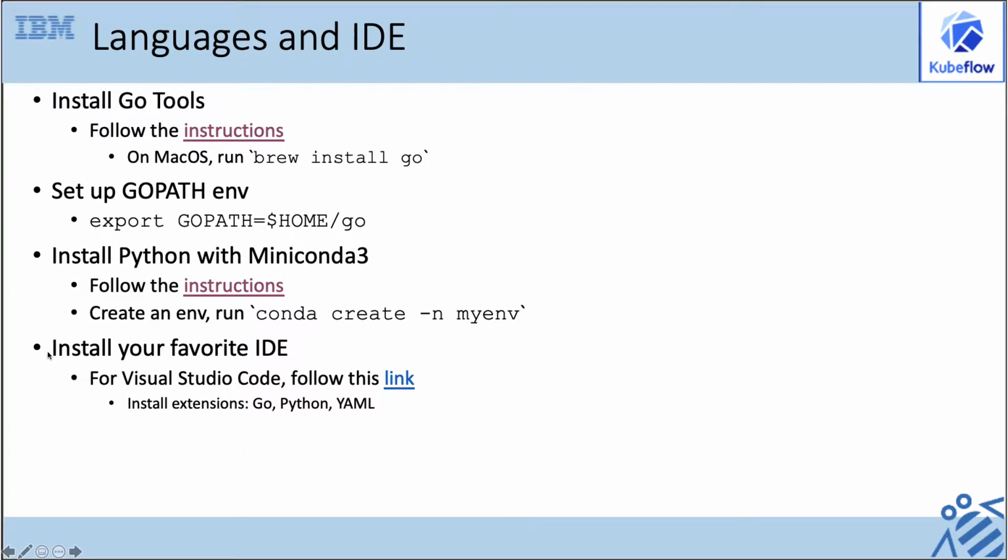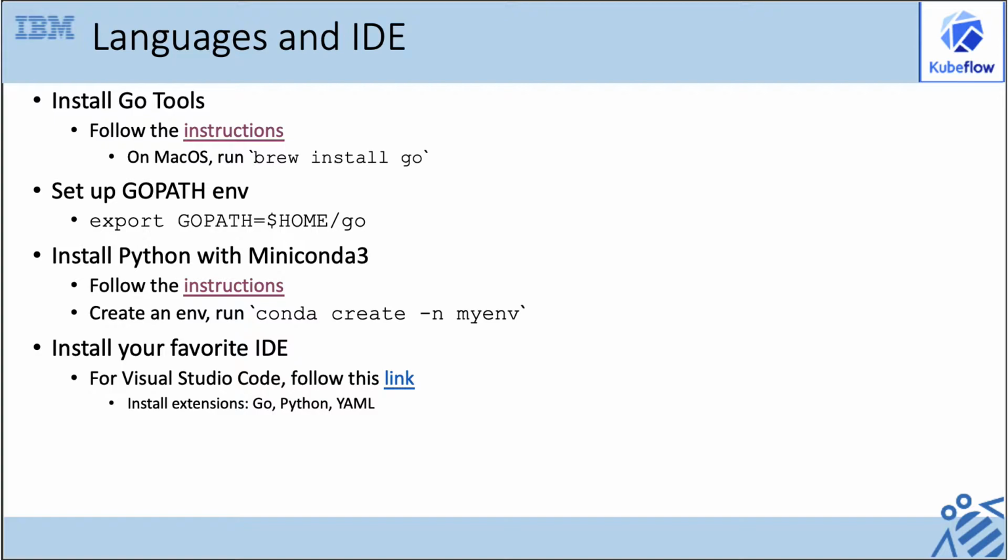The last important thing is about the IDE. So just use your favorite IDE. Everyone knows that IntelliJ is a very good IDE for Java and Scala, for example. And PyCharm is good for Python. There's also Visual Studio Code, which can be used for Java, for C++, and with the extension is also very good for Go language development.